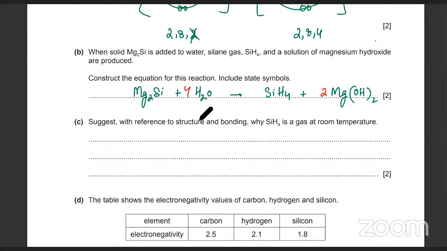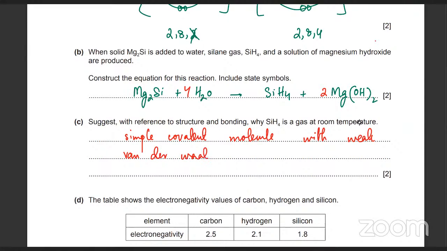As the next one, suggest with reference to structure and bonding why SiH4 is a gas at room temperature. So structure and bonding: it's a simple covalent molecule with weak van der Waals forces. It's a non-polar molecule, so you can be very specific about the intermolecular force.